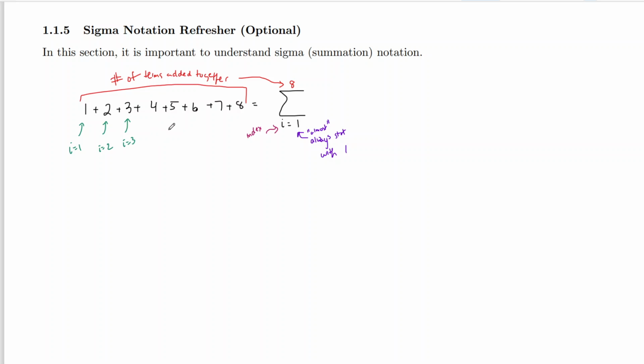This pattern is super simple because every time we increase by 1. These i's are whole numbers. It starts with 1, goes to 2, then 3, then 4, and so on, up to 8. For this one specifically, i equals the number up here, which is why I put i inside.